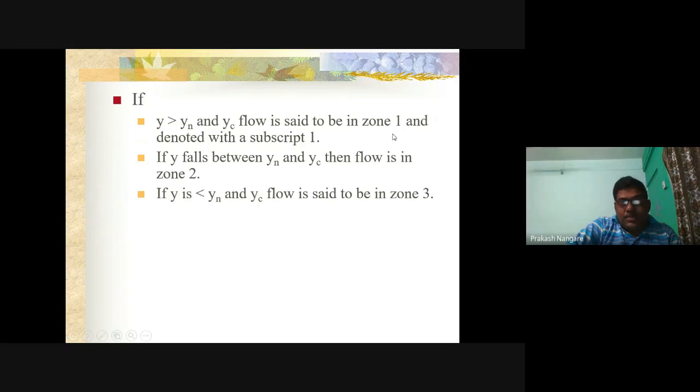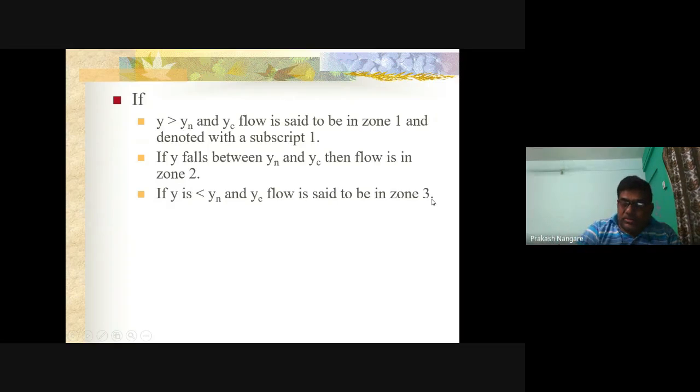Zone 1 represents the depth of the flow being greater than the normal depth and the critical depth, and if the depth of the flow lies between the normal depth and the critical depth, then the entire zone is zone 2. And if the depth of the flow is below the normal depth and the critical depth, the entire zone is zone 3.